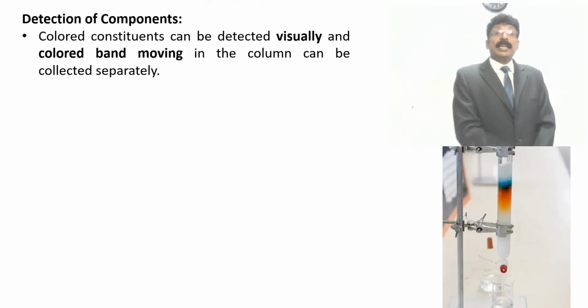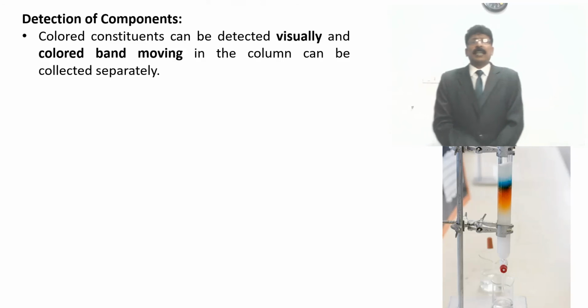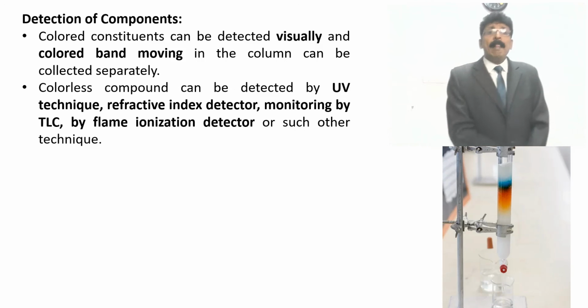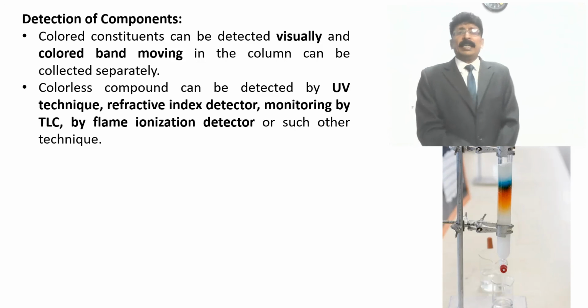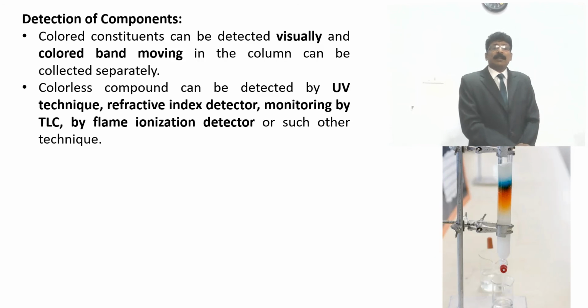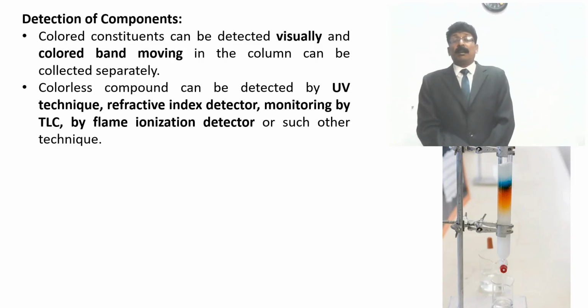For detection of compounds, the colored components can be detected visually, and the colored bands moving in the column can be collected separately. The colorless compounds can be detected by UV technique, refractive index detector, monitoring by TLC, flame ionization detector, or other such techniques.